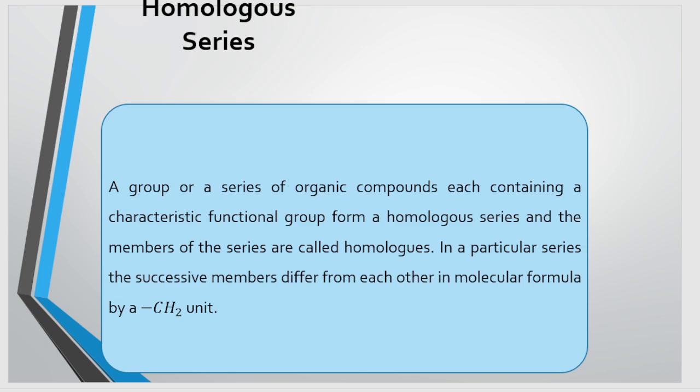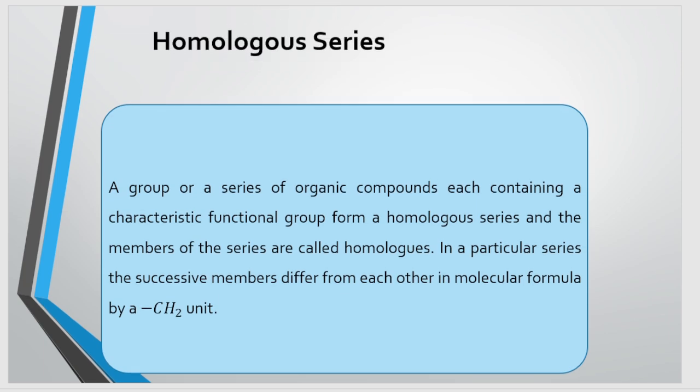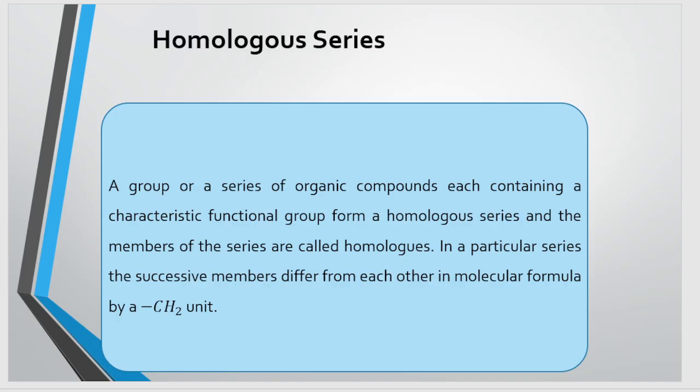Now, homologous series. What is meant by homologous series? A series of organic compounds, each containing a characteristic functional group, forms a homologous series, and the members of the series are called homologous. In a particular series, the successive members differ by the molecular formula CH2. What does it mean?